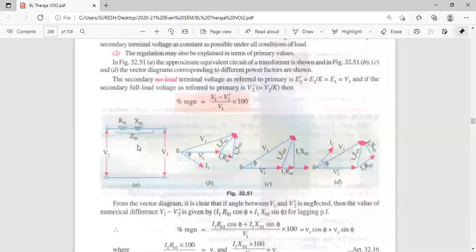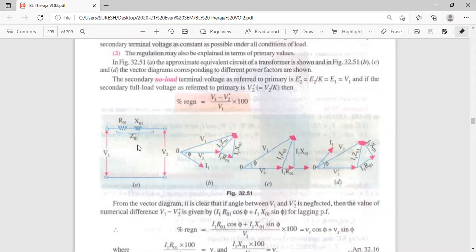So suppose the rated voltage of your TV is 230 volts, let us say. Otherwise, we take fridge. Fridge is having regulator inside. The rated voltage of your fridge is 230 volts, let us say. If more than 230 volts will come in the fridge, what will happen?